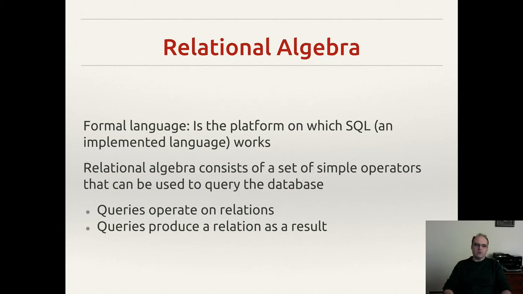And as I go through this, I should say, I will point out the SQL bits and pieces that you're using on top that represent these things. So for example, when we talk about renaming, right?